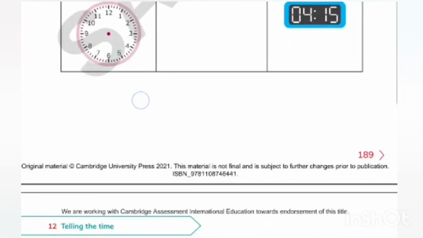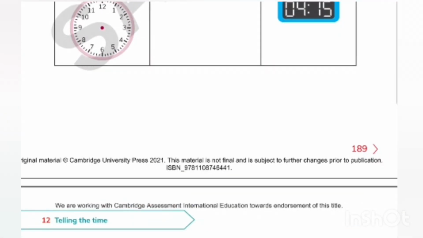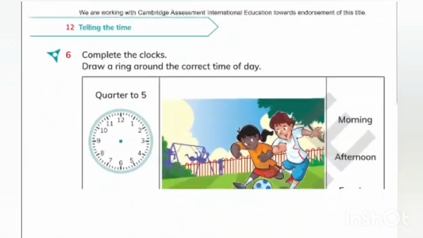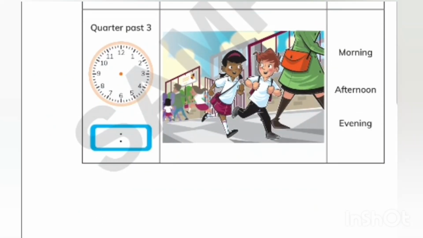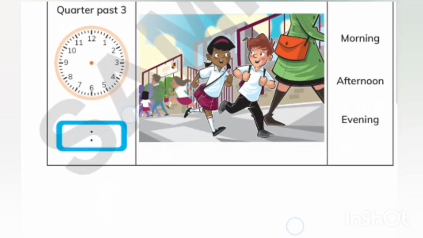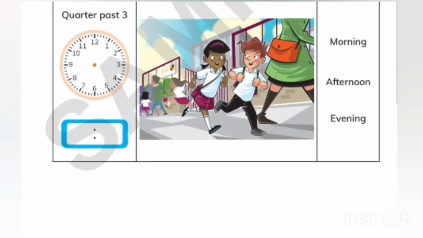Okay, now we are moving towards another page. This is 189. Now we are going towards page number 190. Now please come here. Page number 190, and we will read the instruction. Complete the clocks.